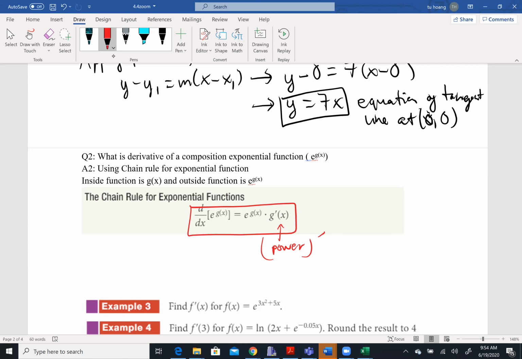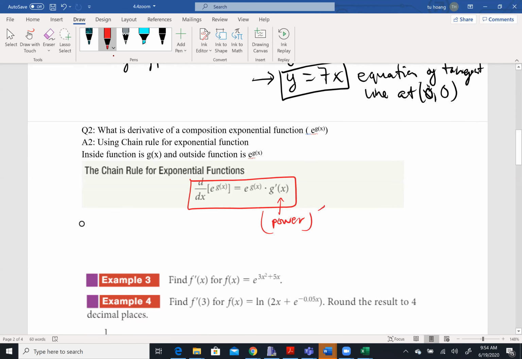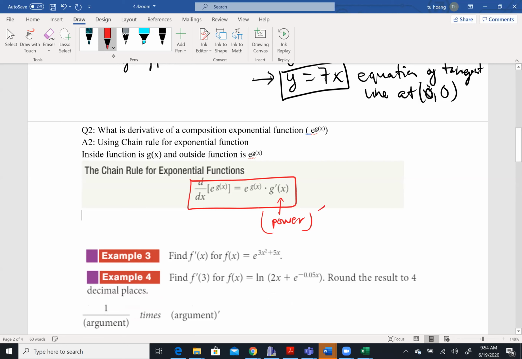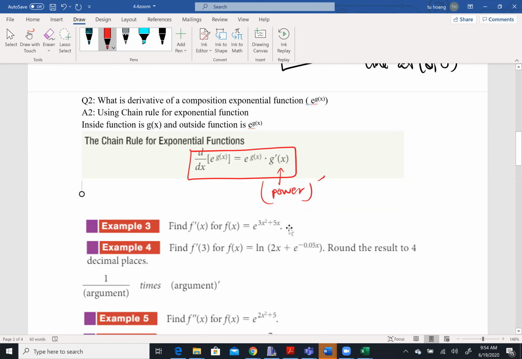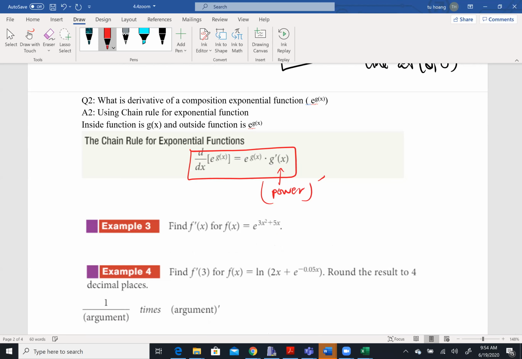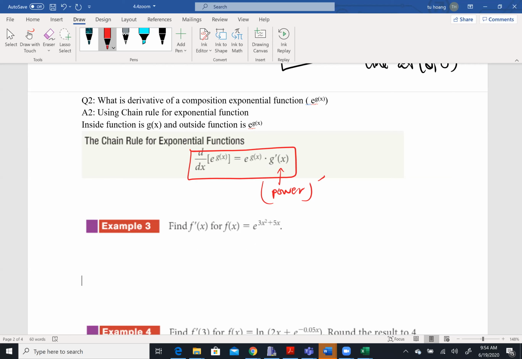So now I would like to apply that to example 3 and see what happens, right? So I have f of x equal to e to the 3x squared plus 5x, right?